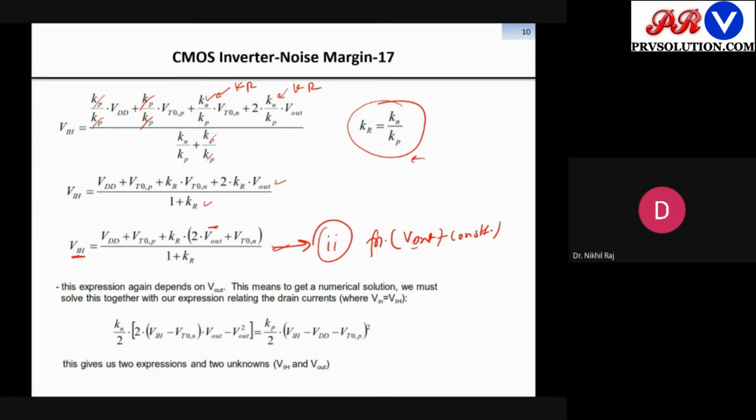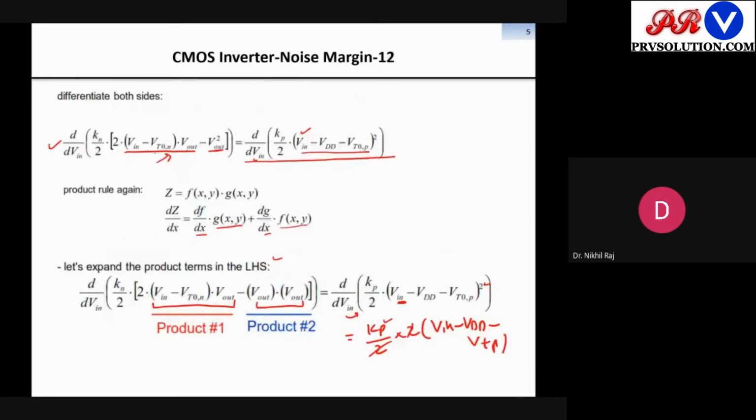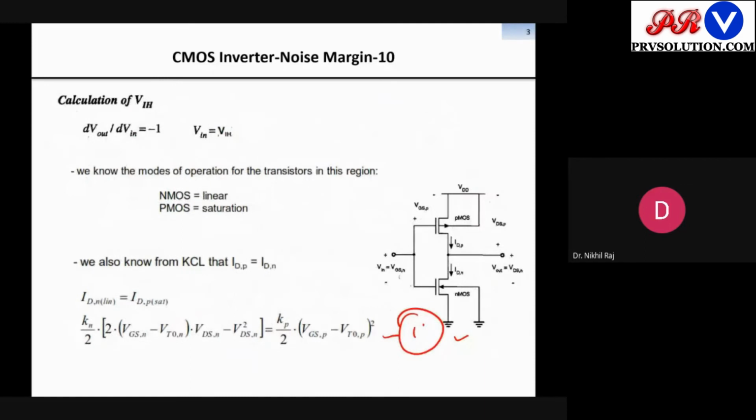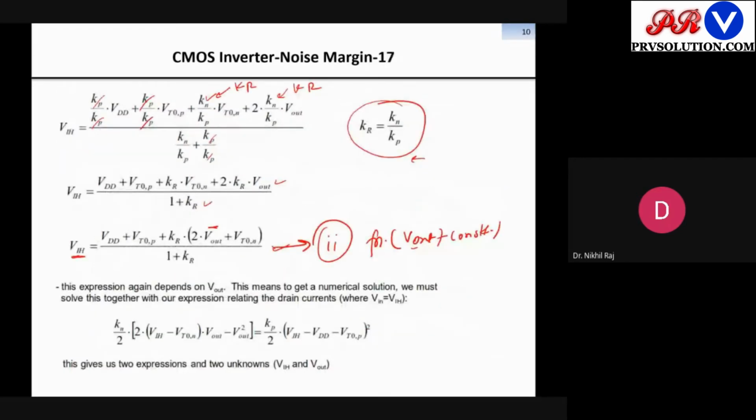Then what we can do, again we will go for the first expression which we have written, this equation. This is the equation which we got from the mode of operation of MOSFETs, and the VIH expression, equation 1, and the equation which we have got now, the VIH, is after doing the derivative.